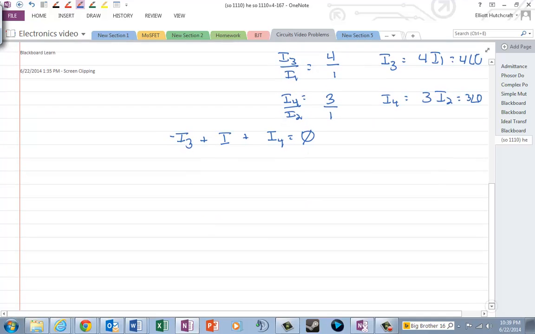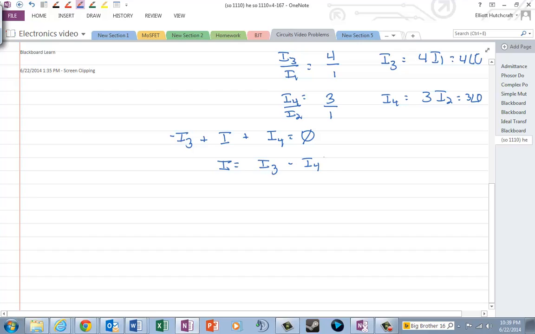And so that gives me I in that branch is equal to I3 minus I4, and so that's equal to 4 angle 0 minus 3 angle 0, so that's 1 angle 0.